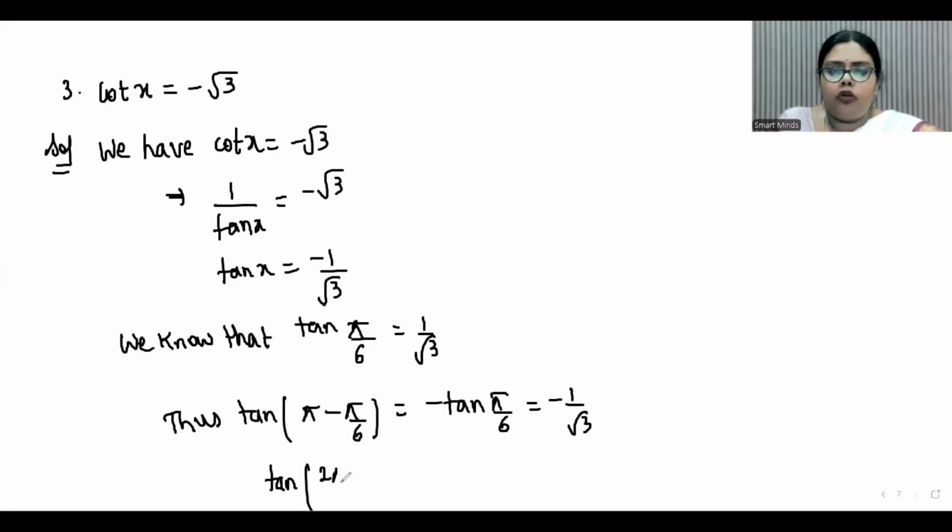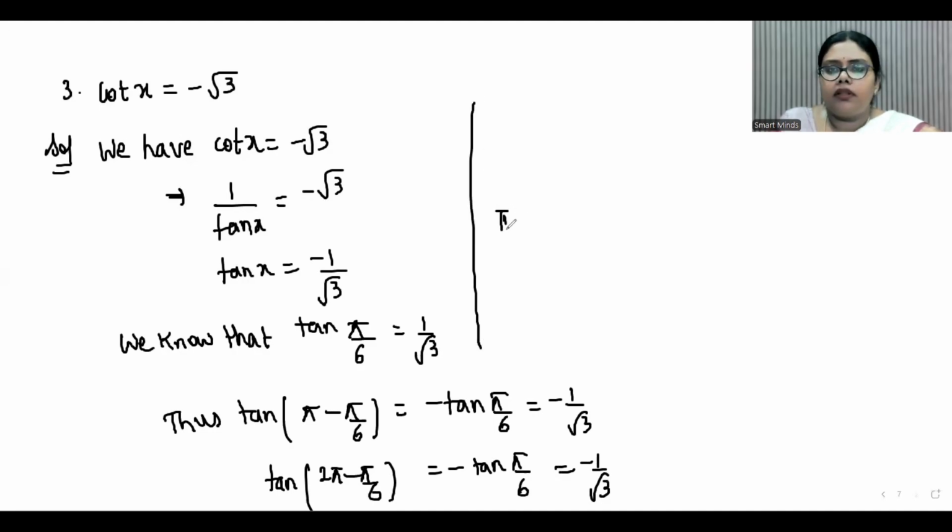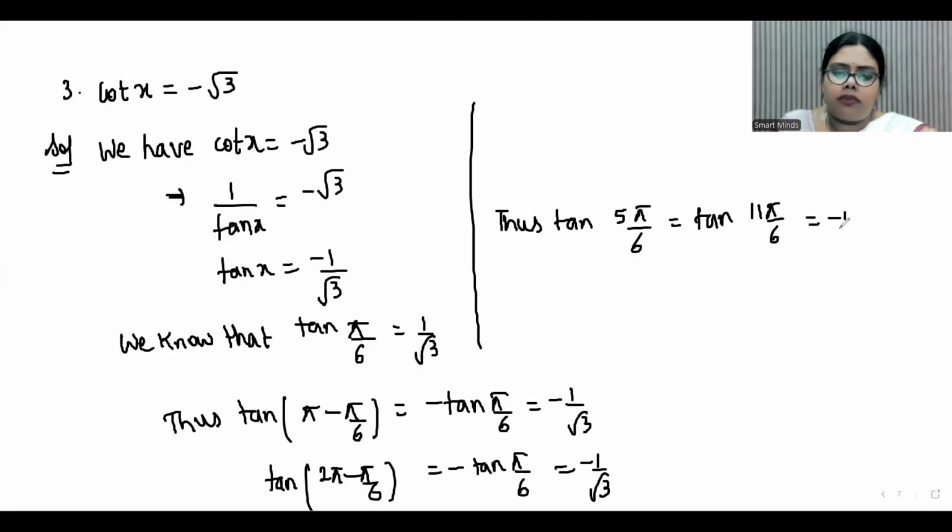And tan of 2 pi minus pi by 6 is also minus tan pi by 6, that is minus 1 by root 3. Thus, tan 5 pi by 6 is also minus 1 by root 3. Tan 11 pi by 6 is also minus 1 by root 3. So what are the principal solutions?